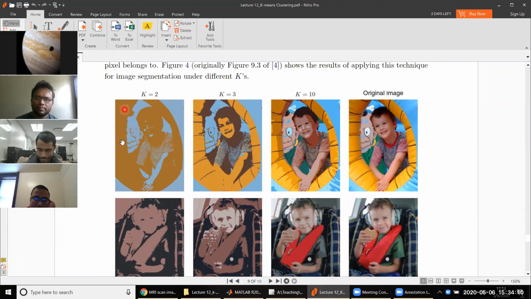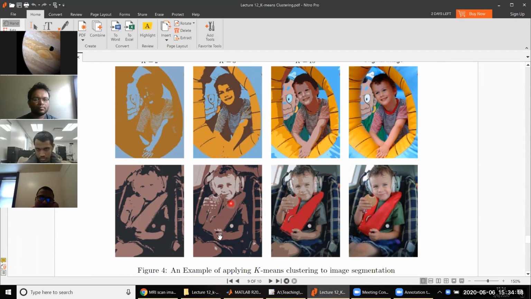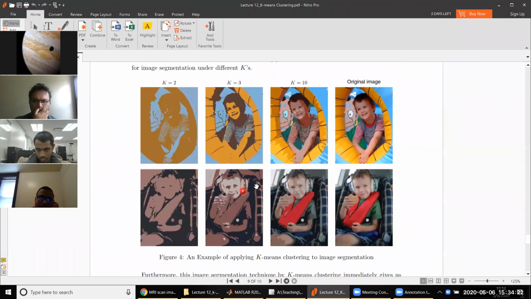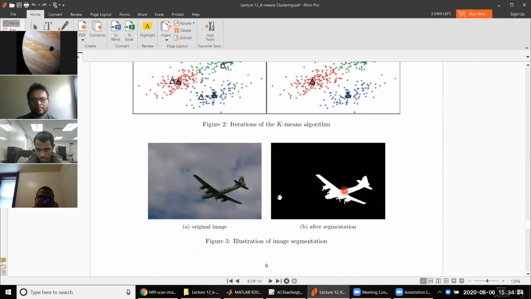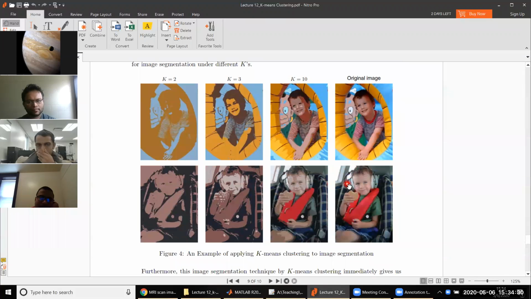The kid part and also this face part, these two are strengthened. See it? And here, it's not that clear. For example, with K equal to 3, this part is strengthened. Of course, that's not as good as this part. This is very clear image segmentation. This may greatly help people to capture some important information. In other words, it is trying to describe what is the most different part.